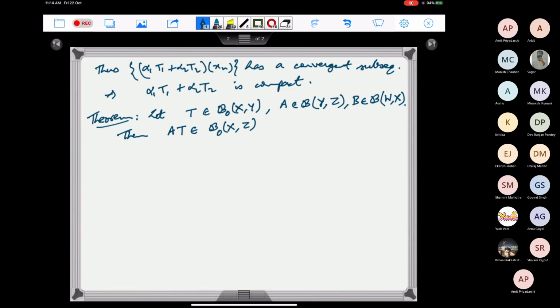And similarly, if I take TB, so B is an operator from W to X and T is from X to Y, TB will be an operator from W to Y. So this is also compact. So actually these two results say that the compact operators are in fact an ideal of B(X,Y). It is a subspace and also a left and right ideal.